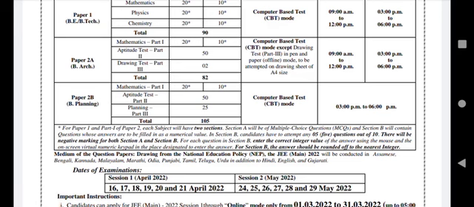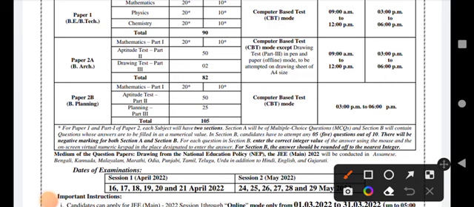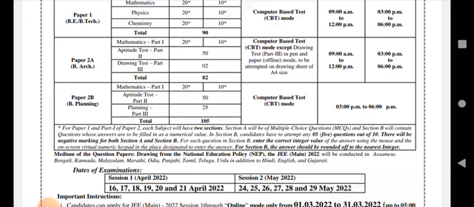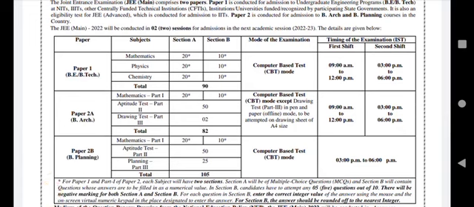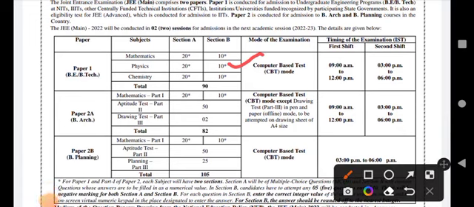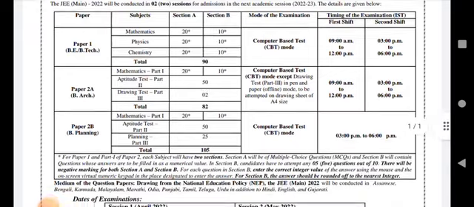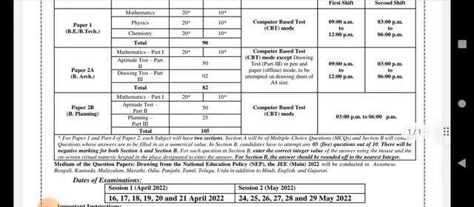In section B you have 10 questions, and in section A you have 20 questions. The 20 questions in section A are mandatory, whereas in section B you are supposed to attempt 5 questions. Similarly for the others.